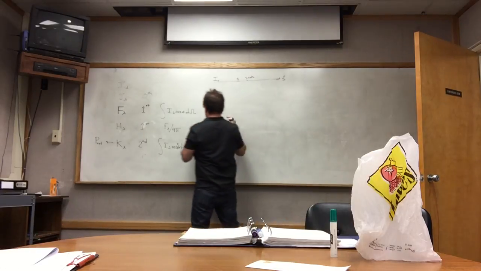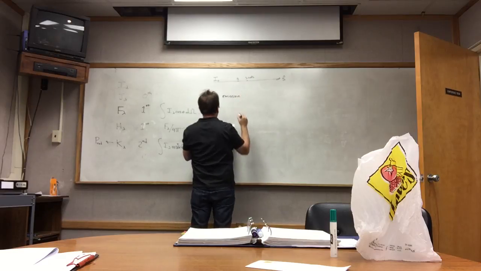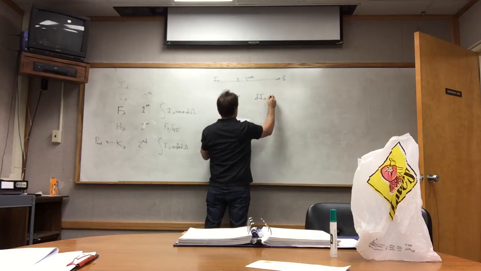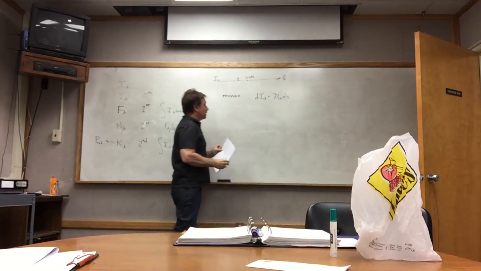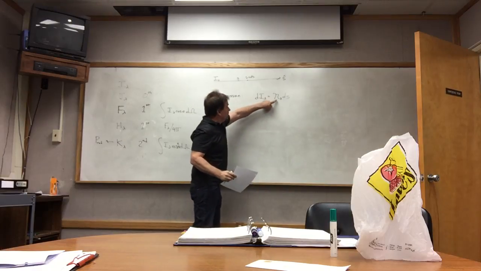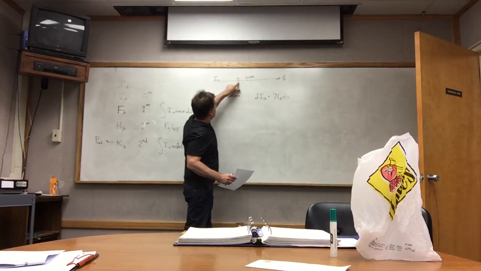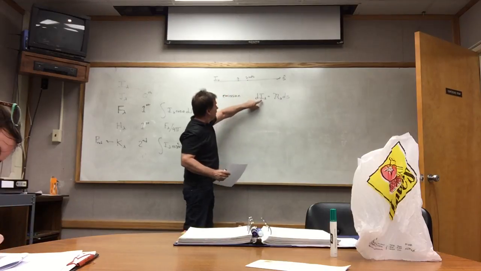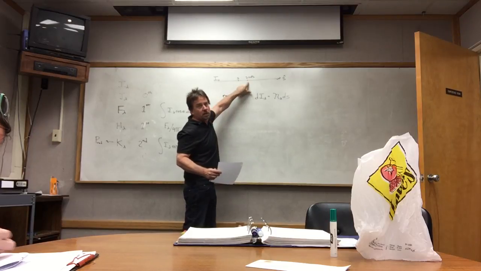If you are talking about emission, you define something called the emission coefficient such that the increment in I lambda is equal to eta lambda ds. This is the rate at which energy is being emitted per unit path length, so that at S plus ds, the specific intensity has been incremented.